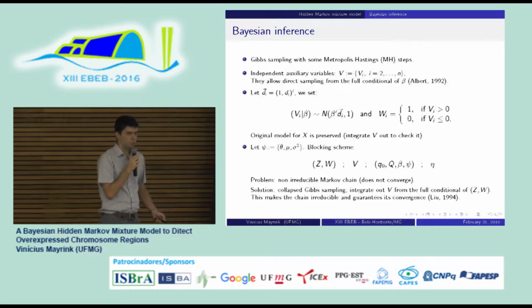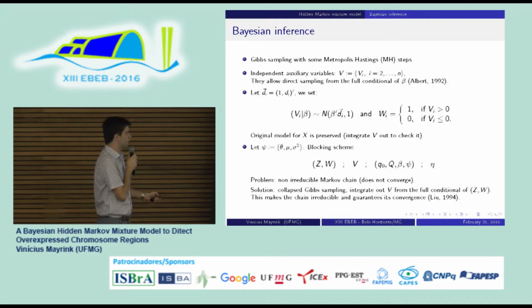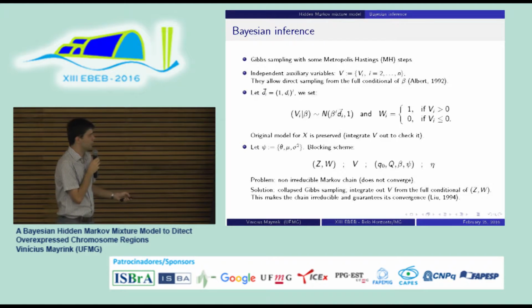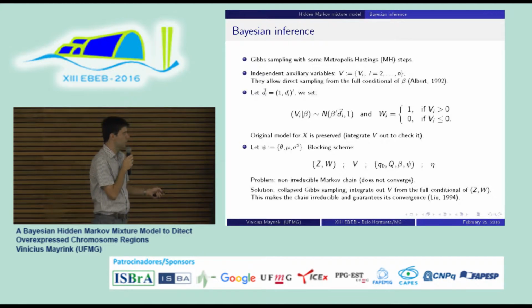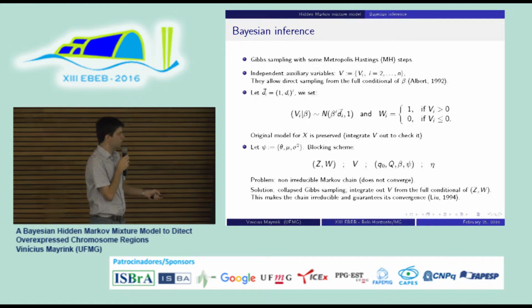For the Bayesian inference for this model, we define this V_i here just to allow direct sampling from the distribution of the betas, which is directly connected with the W. V_i larger than 0, W is 1. V_i less than 0, W is 0. And we choose these blocks for the MCMC.